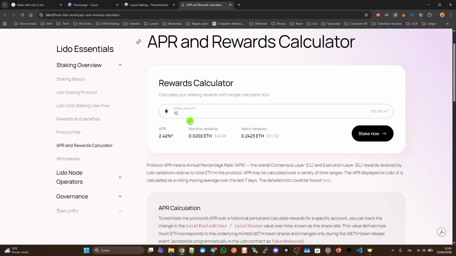This means that for 10 ETH, our monthly rewards will be more or less 0.02 ETH, which is $42 with today's value of Ethereum. And the yearly rewards are 0.24 ETH, which right now is worth more or less $500.